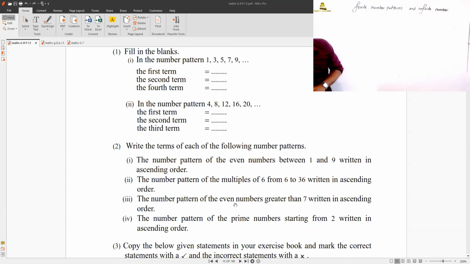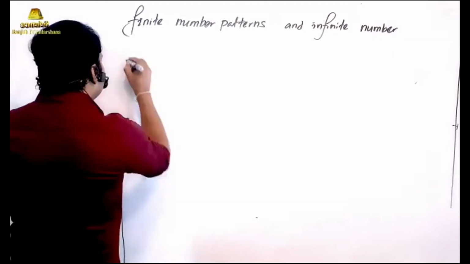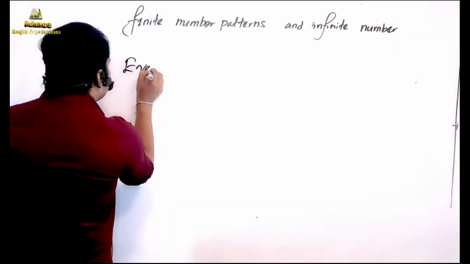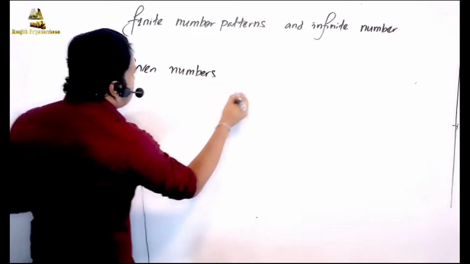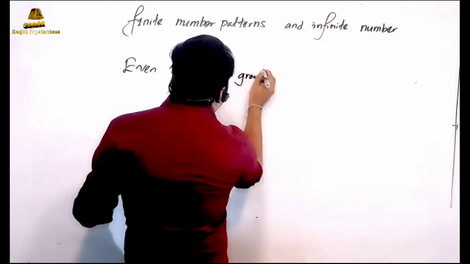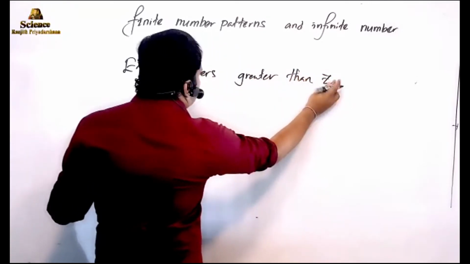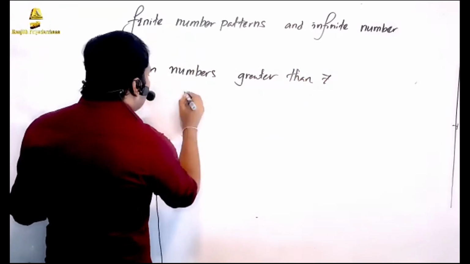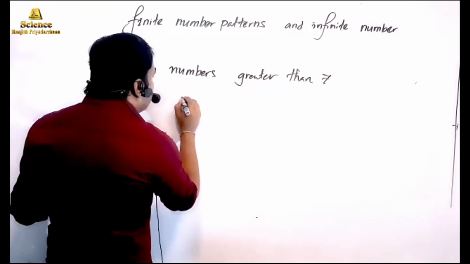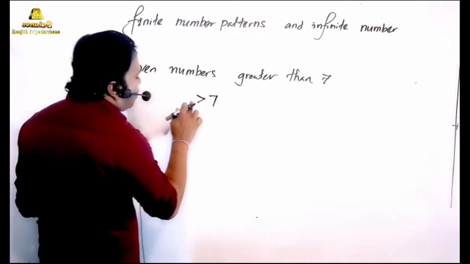The number pattern of even numbers greater than 7.